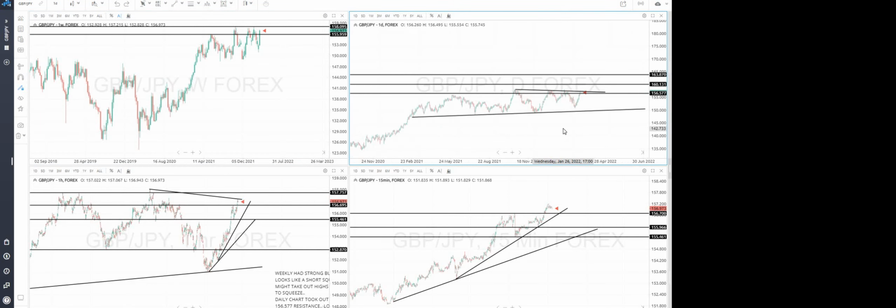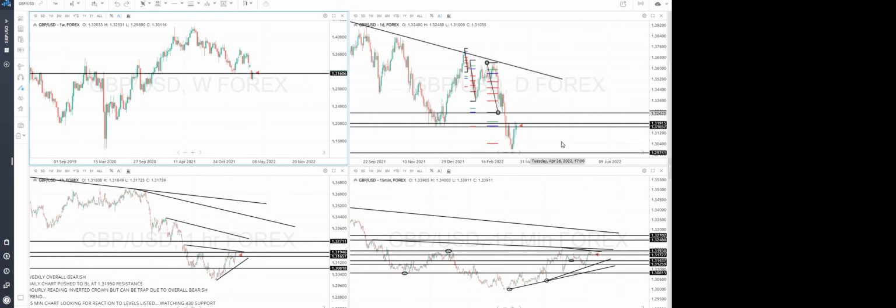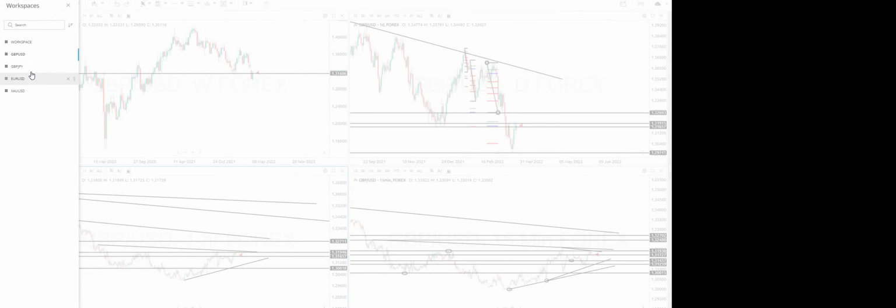On the daily chart, we have this short squeeze. We took out this rejection, so we're just basically looking for support at that 577 level. Same thing with GBPUSD. We took out that 1.31650 level, so short term, maybe look for a reaction to that level and the other levels listed, right? So that's GBPUSD and GBPJPY.